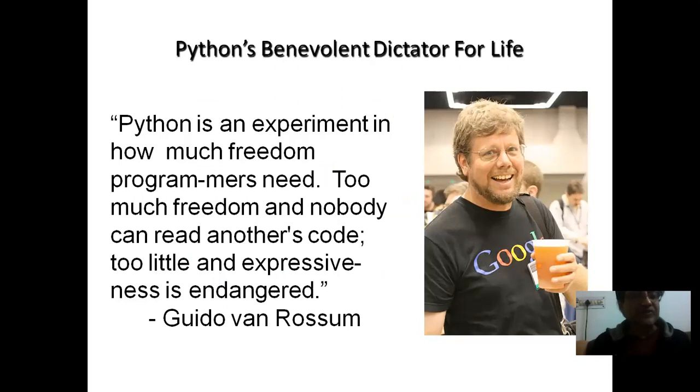Too little and expressiveness is in danger. So Python is such a programming language that will give you some kind of freedom. That's why on the top I have mentioned Python's benevolent dictator for life.